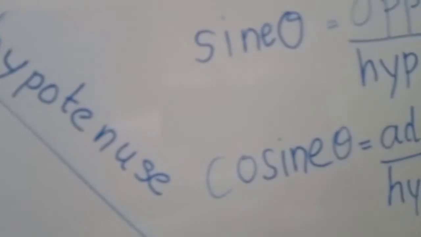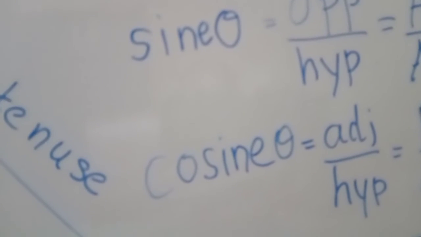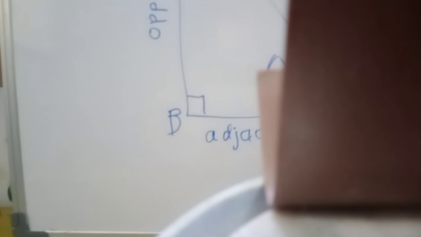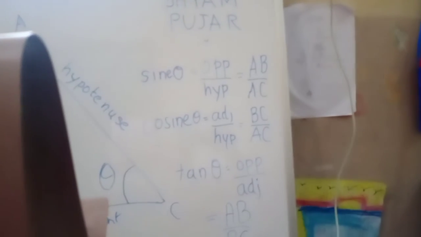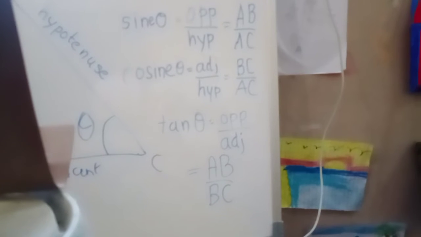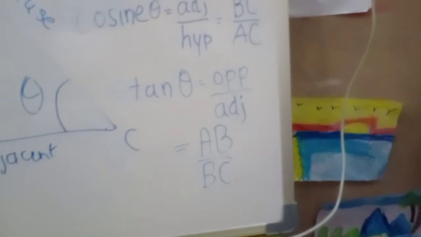Then we defined the opposite side, which is really opposite to the angle theta of this triangle. Then we also defined the side that is called hypotenuse, the side that lies right opposite to the 90-degree angle.